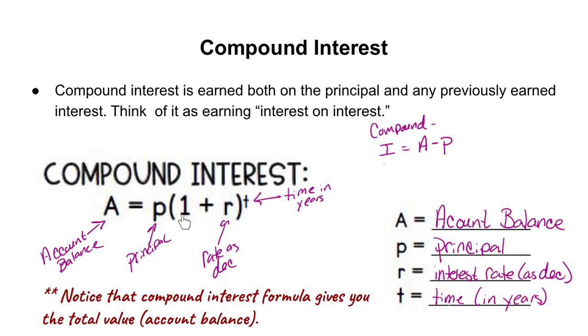P is the principal times the quantity of 1 plus the rate as a decimal, to the time in years, and this is an exponent. Also, notice that the compound interest formula gives you the total balance, the account balance. Be careful, because some questions will ask you for the interest, some questions will ask you for the account balance. If they want the interest on a compound interest formula, you have another step to locate the interest.